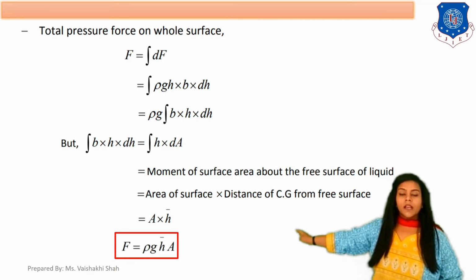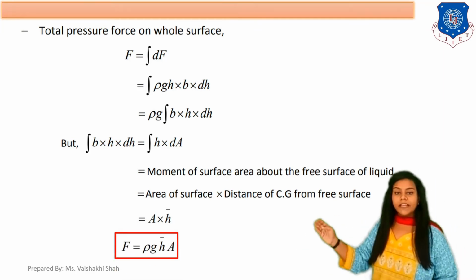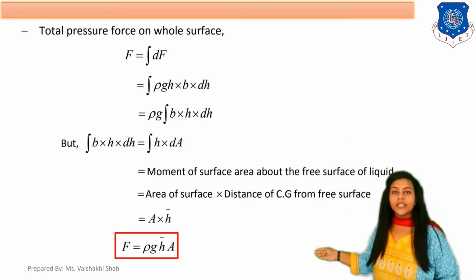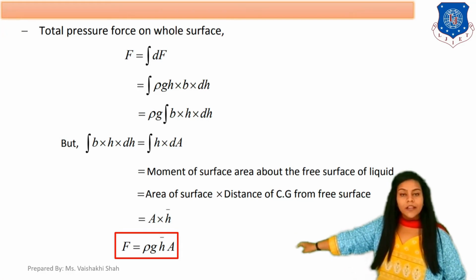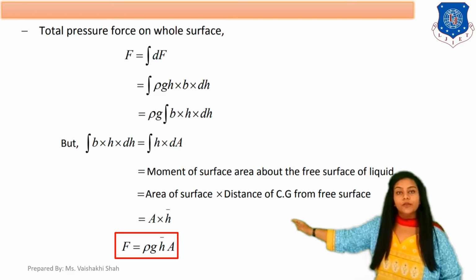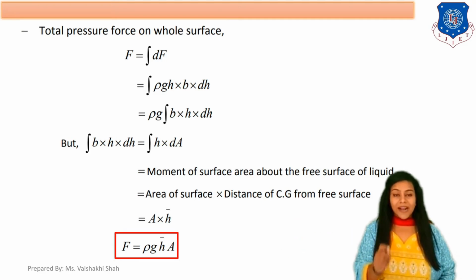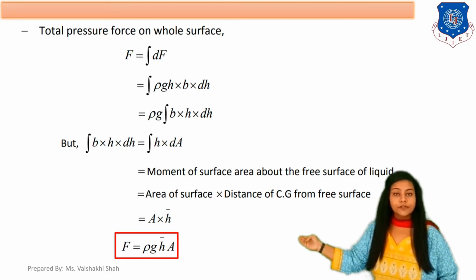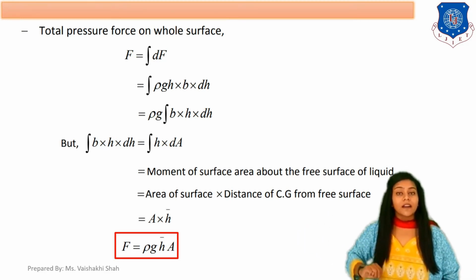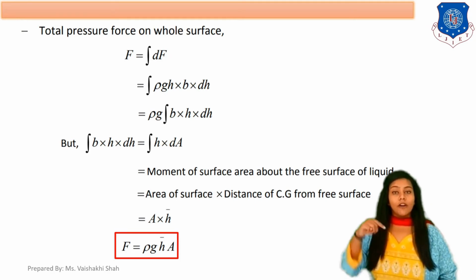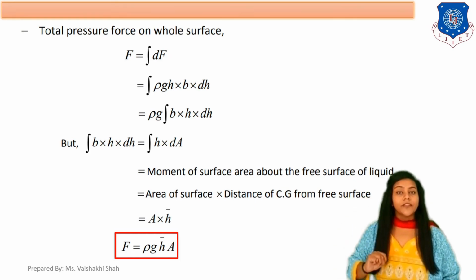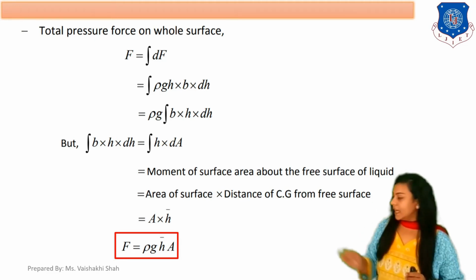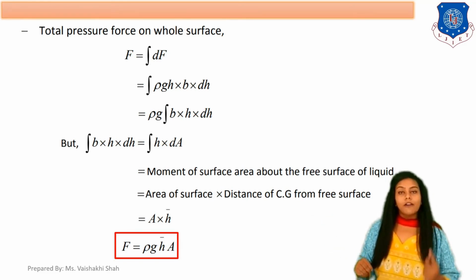So if you place the value of integration of h dA in the above equation, then you get F equals rho g h bar into A, where rho is the mass density of the liquid, g is acceleration due to gravity, and h bar is the distance of the CG from the free surface of the liquid, and capital A is the area of the body.